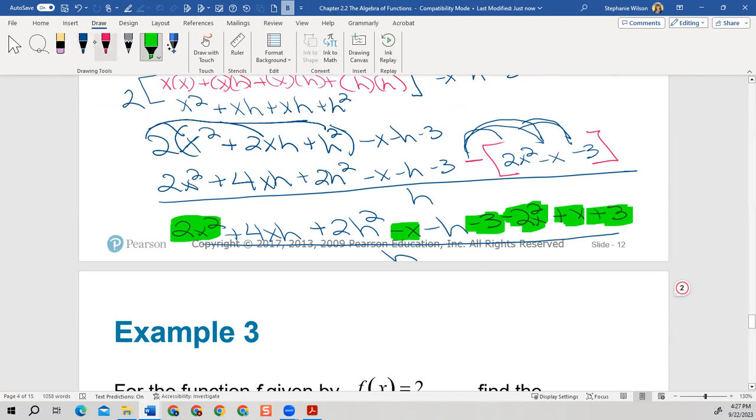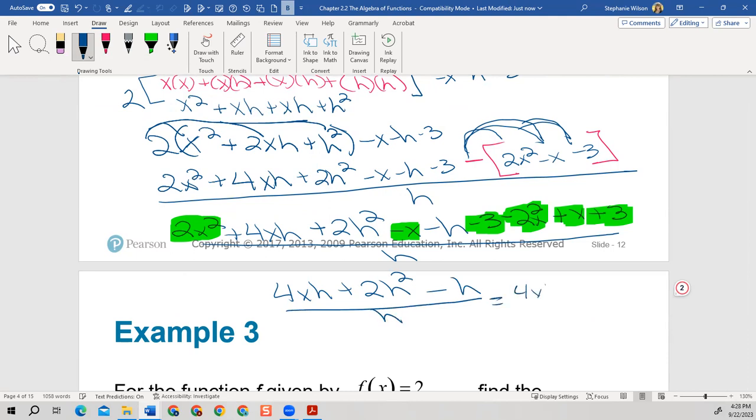So now what I'm going to do is take the remaining and say 4xh plus 2h squared minus h, all divided by h. If you wanted to, you can break it in parts or in terms, because there's 3 terms divided by the same denominator. So we can do it like this if it makes it easier for you.